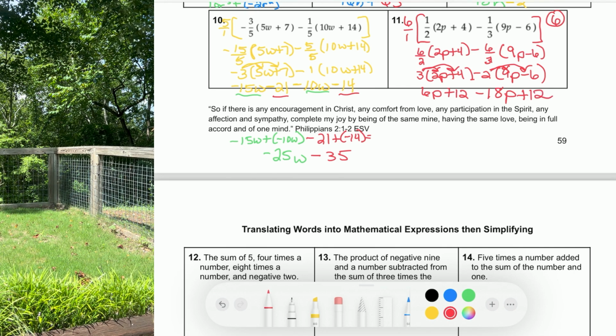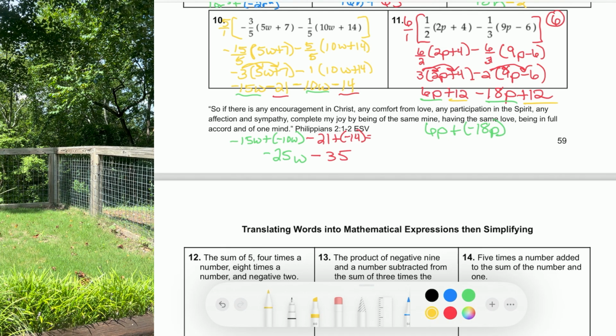All right, so now we need to find our like terms. So 6p minus 18p, let's rewrite that. So 6p, go ahead and do my keep, change, so it'll look like that.